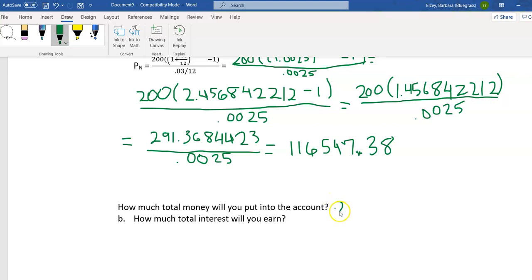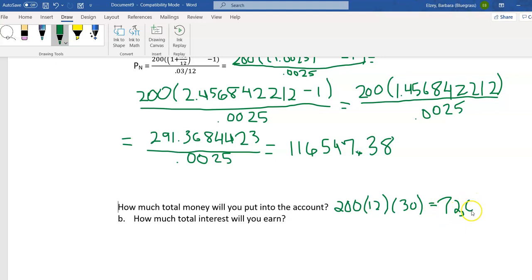So let's take $200 multiplied times 12 times a year times 30 years. And that will tell us how much we actually put into this account. So 200 times 12 times 30 ends up being $72,000 that we put in.